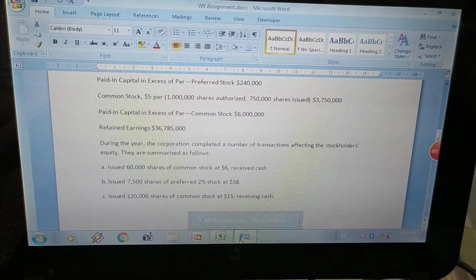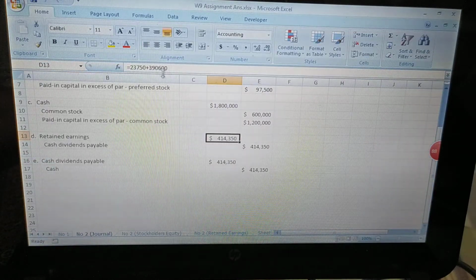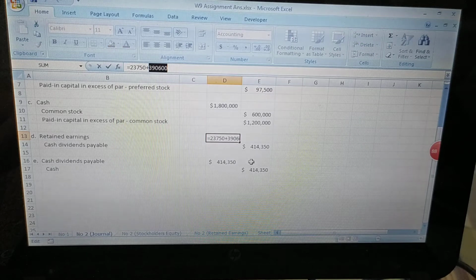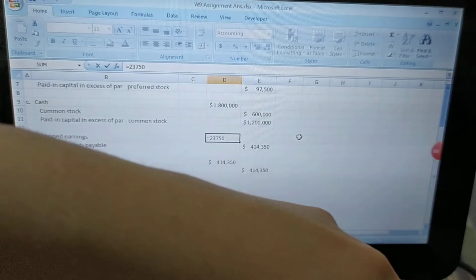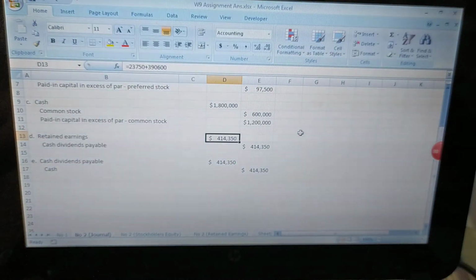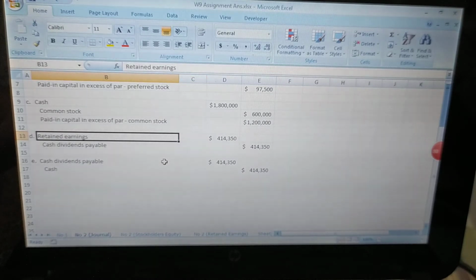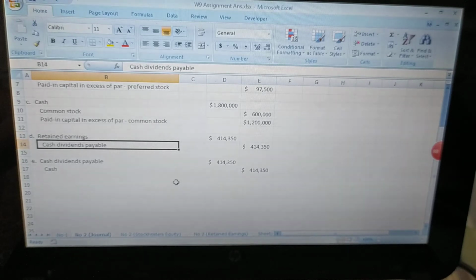The result is $390,600. So in total, the dividends that will be distributed to the stockholders is 414,350. Remember, when we declare the dividends, we debit the retained earnings and then we credit the cash dividends payable. That is for D.